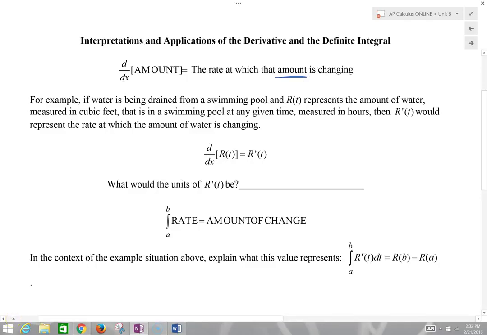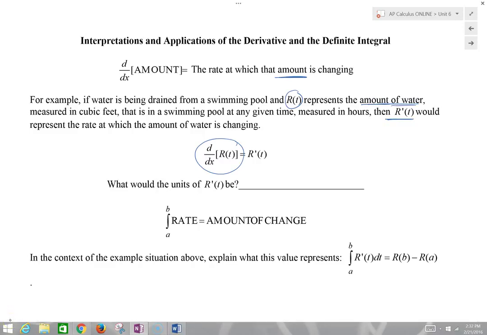For example, if water is being drained from the swimming pool and r of t represents the amount of water, measured in cubic feet, that is in the swimming pool at any given time, measured in hours, then the derivative, r prime of t, would represent the rate at which the amount of water is changing. So d dx of r of t is equal to the derivative r prime of t.